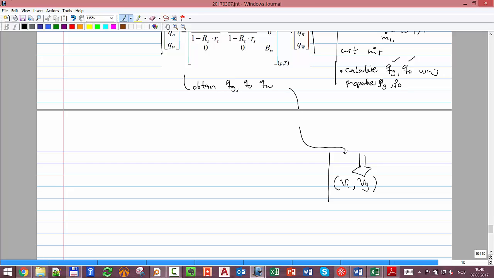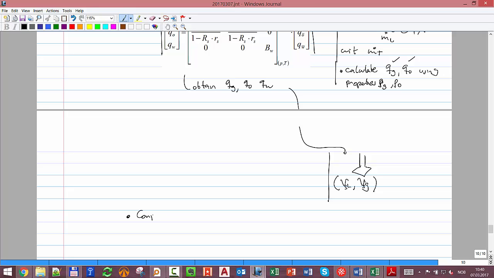I do the same to calculate the velocities of the liquid and of the gas. Sorry, those will be the superficial velocities, because the velocities depend on the cross section of the pipe. Those are the superficial velocities.